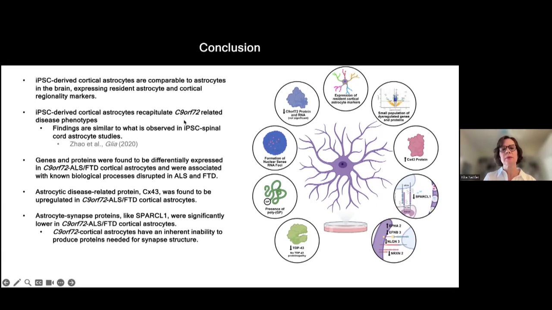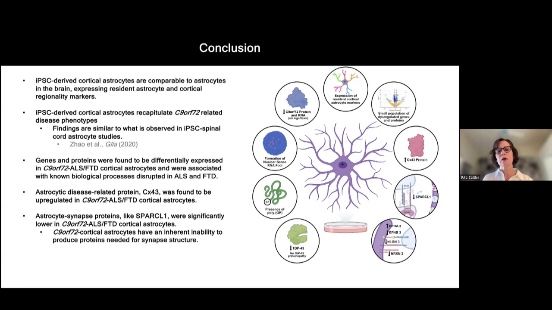Our data looks very much like data in spinal cord astrocytes done from C9. We do see differential gene and protein expression in these monocultures. We're going to repeat some of this in co-cultures to see whether we actually get an exacerbated change of the differential expression of genes and proteins.